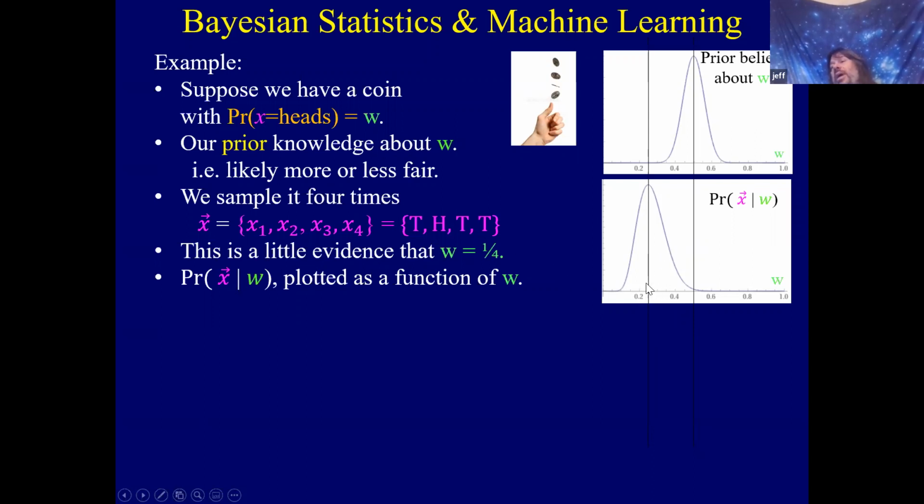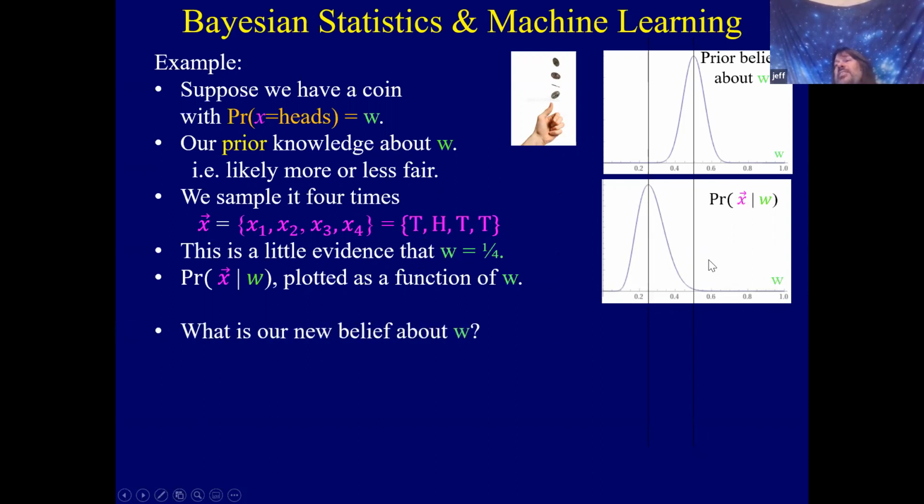You'll see when W is a quarter, the probability of getting this data is the highest. And if W was really high, then the probability of getting this data would be really small. So this plots the probability of getting our data.